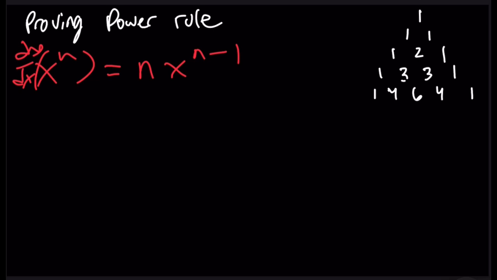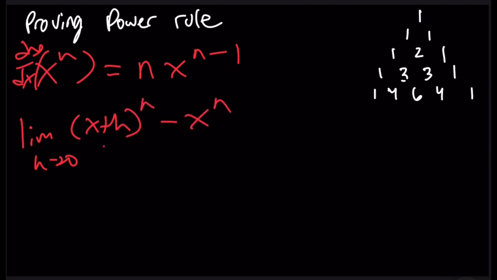But let's see how this works for any polynomial in the term x to the n. So to our right, I actually have Pascal's triangle, as it's going to make it a little bit easier. And so let's just write the derivative of a general x to the n term. That'll be the limit as h approaches 0 of x plus h to the n minus x to the n all over h.